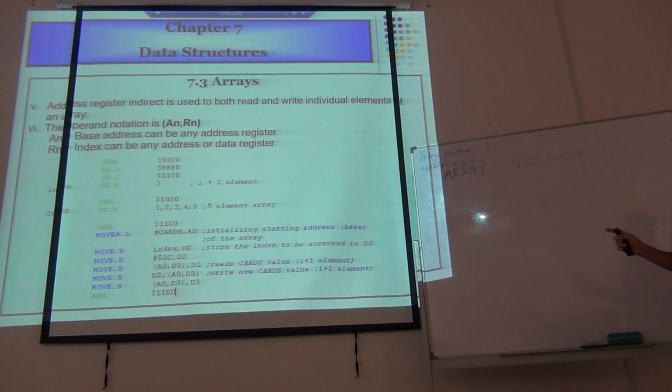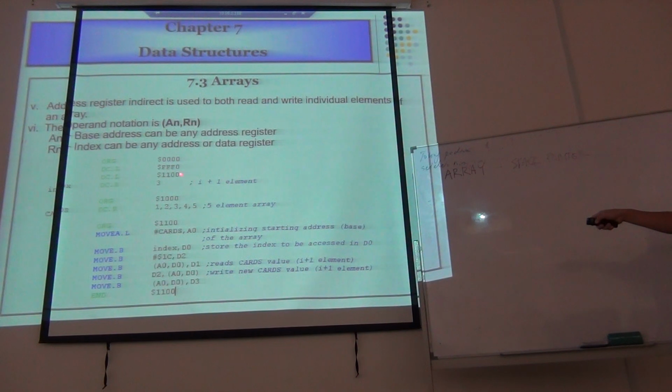Where is the place that you declare your array? From here, where's your array? You can see that basically your array is over here. This is your array. This is just your origin. You want to put something, define constant, this one, define constant long, this one, define constant long, but this is actually the number.